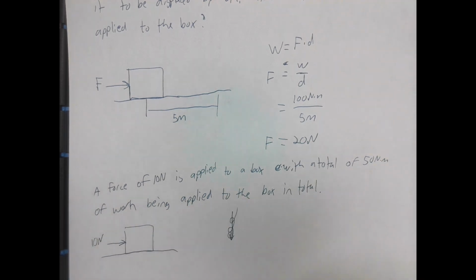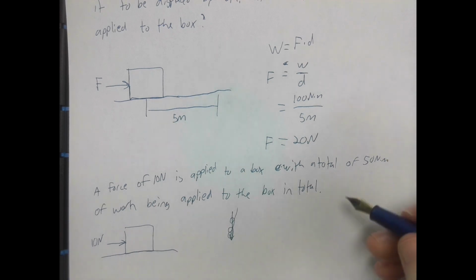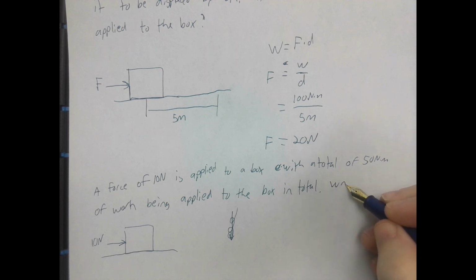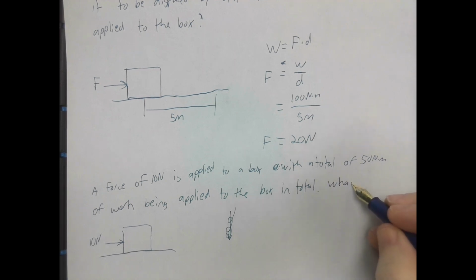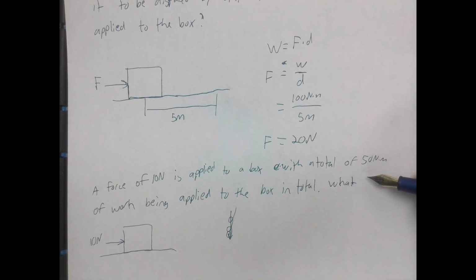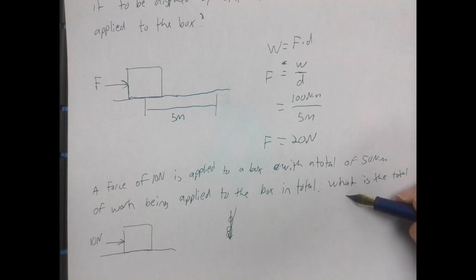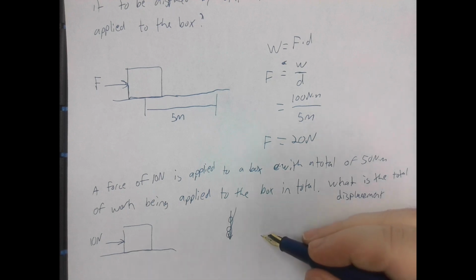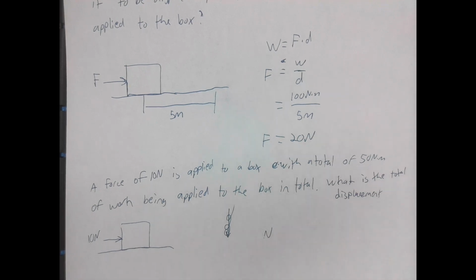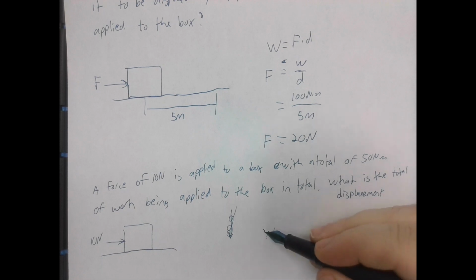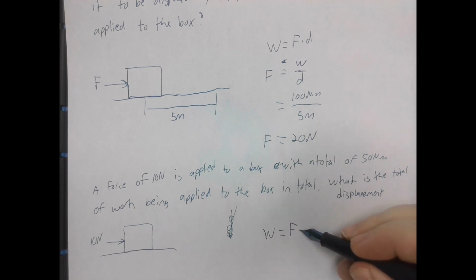So we have 10 newtons going to the right. The question is, what is the total displacement? Work is equal to force times d.